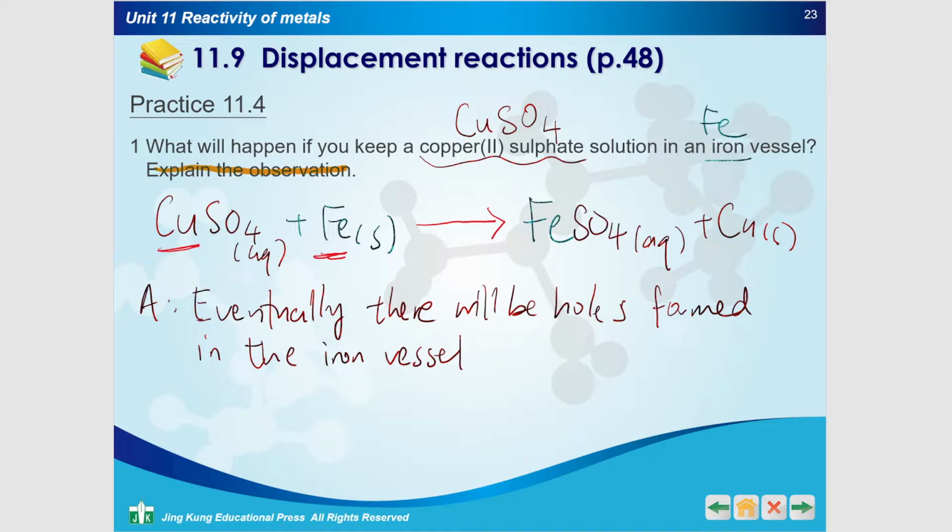You haven't answered them asking you to explain the observation. Now, what is our observation? As I just wrote, you can see what happens here, so you need to mention why this occurs. What you see in the chemical equation is what you're going to write. Iron is more reactive than copper.